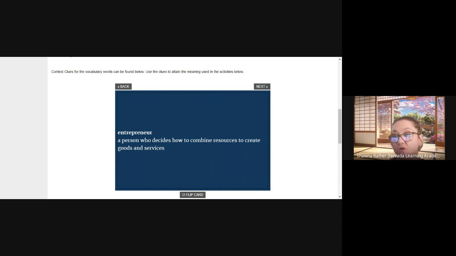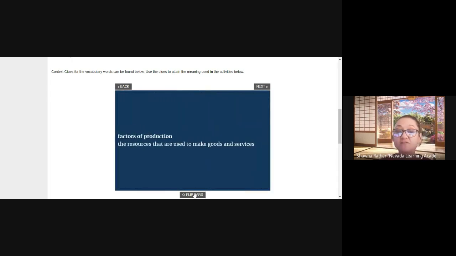Every time I see the word entrepreneur, I think of the show Shark Tank, where people are coming up with these new goods or services and they're trying to get investors to help them get it out there into the market. That's my thought every time I see the word entrepreneur. Factors of production, and those are the resources that are used to make goods and services.